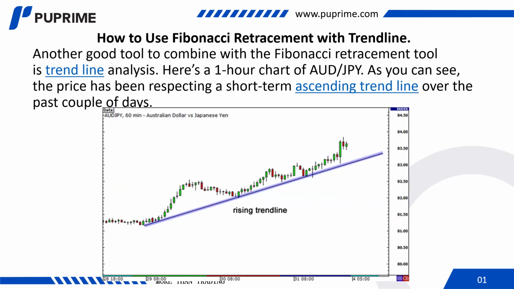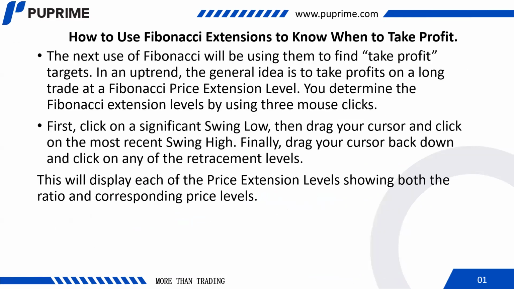So you can use it with a trend line. You can also use it to know when to enter a trade and when to exit. So, how to use Fibonacci extension tools to know when to take profit.